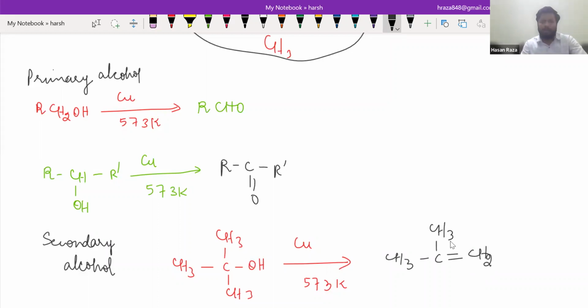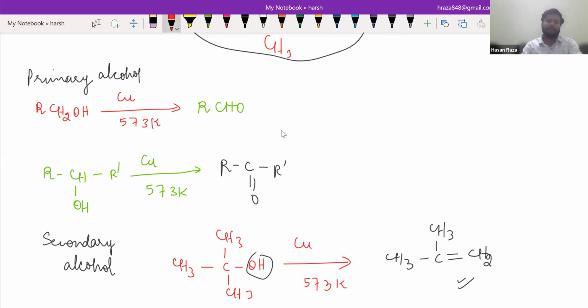So basically, you can see H2O will be eliminated, OH from here, and hydrogen from any carbon. That's an alkene form.